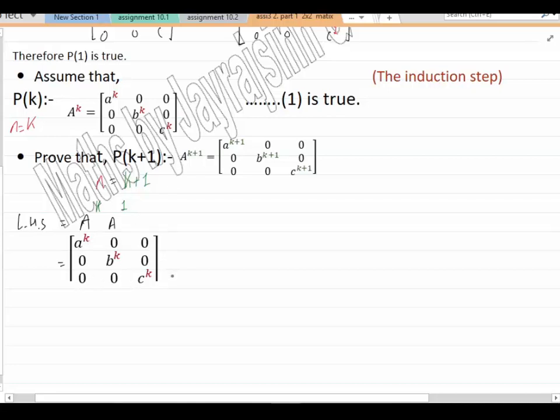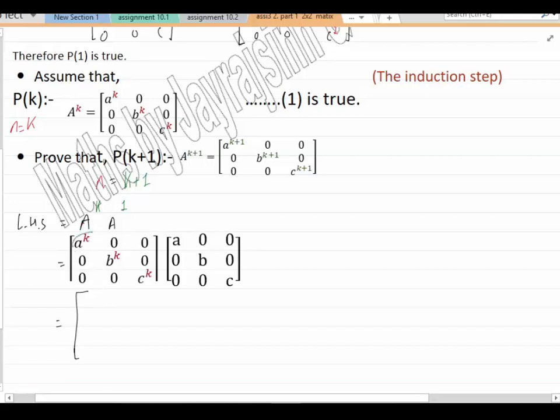Now let's put A, which is given in the question, and here it is. Now to get our required result we just have to multiply two matrices. Actually both are diagonal matrices, right? So using the property of diagonal matrices we can get the multiplication easily. We just have to multiply respective diagonal terms to get the final answer.